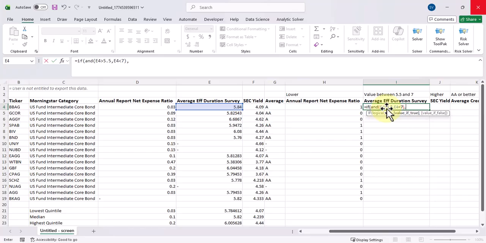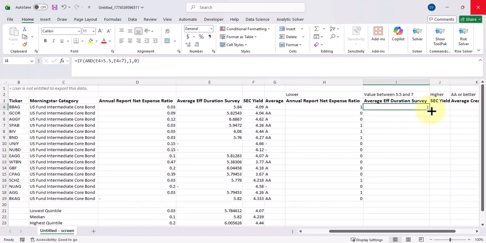If it's true, I want a 1. If it's not, I want a 0. Okay. I'm going to pull that down.